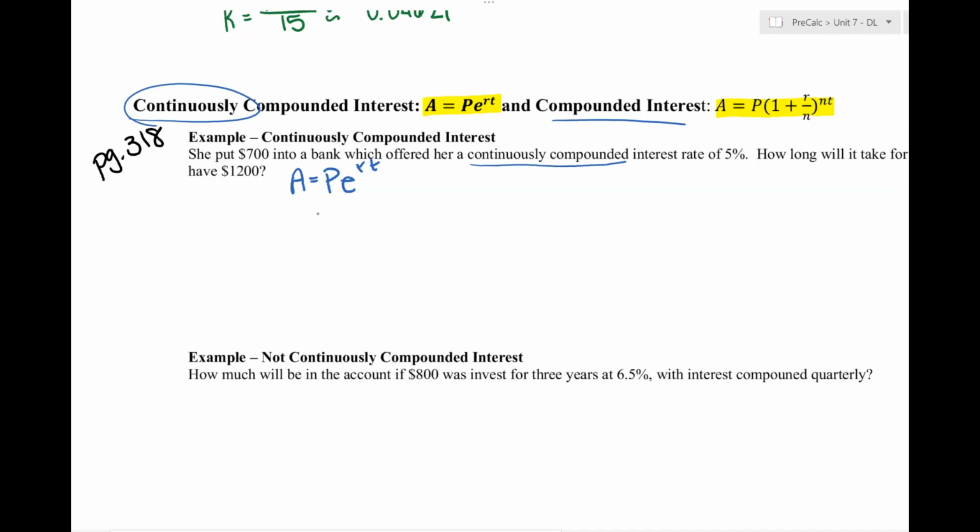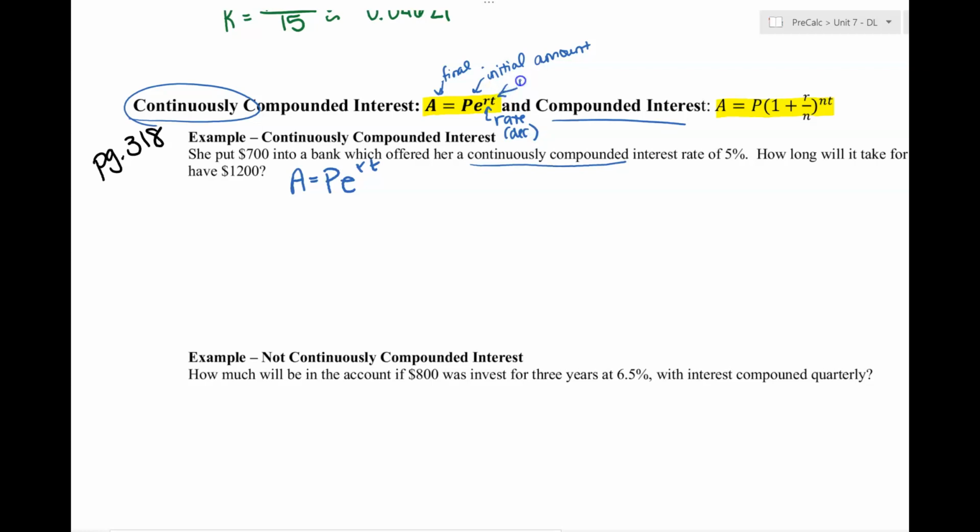Sorry, guys. A is the final. P is the principal or the initial investment. e, again, is 2.71828, blah, blah, blah. r is the rate, and you have to put it in decimal. It'll be given to you as a percentage, most likely.